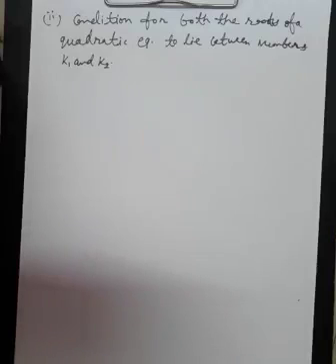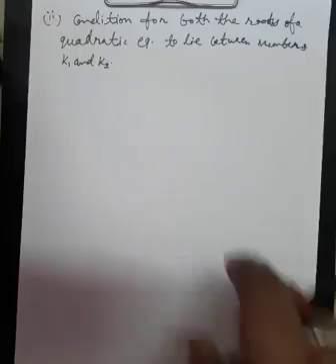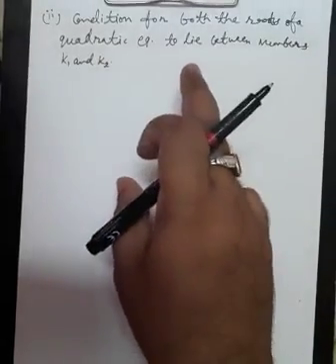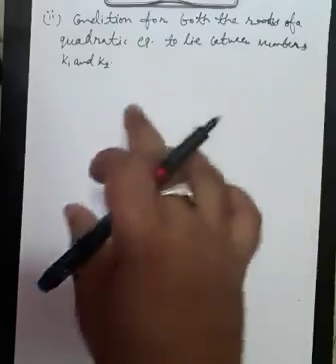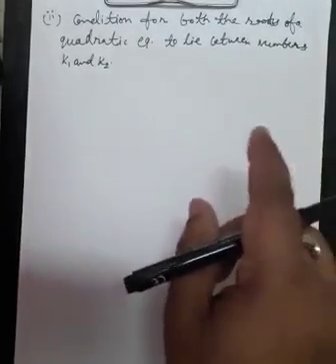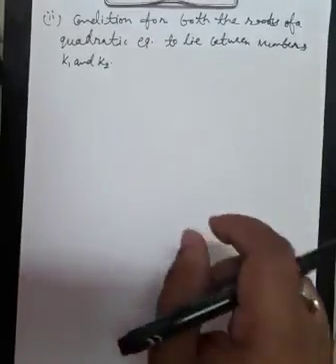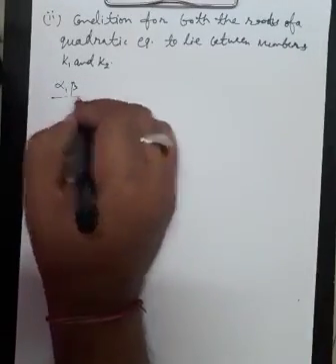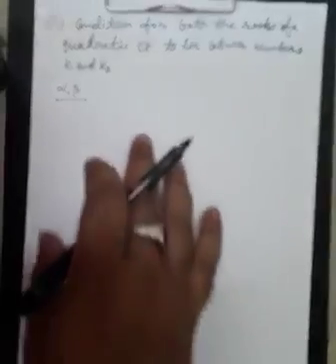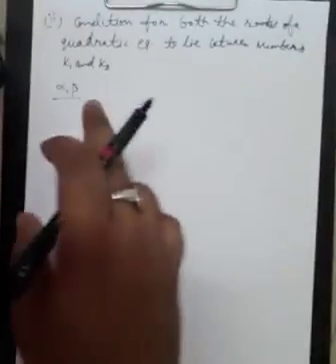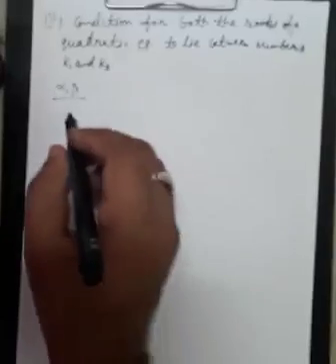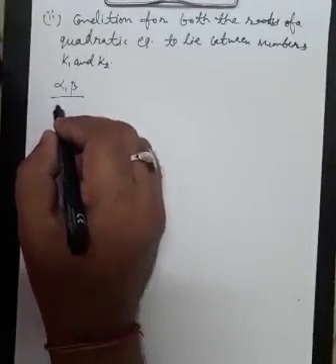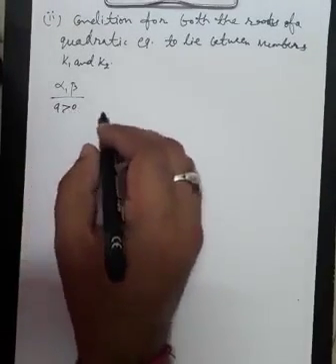Now we want to obtain the condition for both the roots of a quadratic equation to lie between the numbers given, K1 and K2. Suppose alpha and beta are the roots, and both roots lie between K1 and K2. What will be the condition? First check if a is greater than 0, what will be the graph?